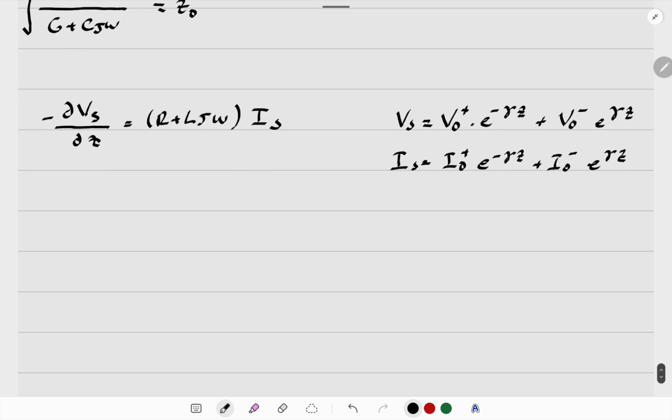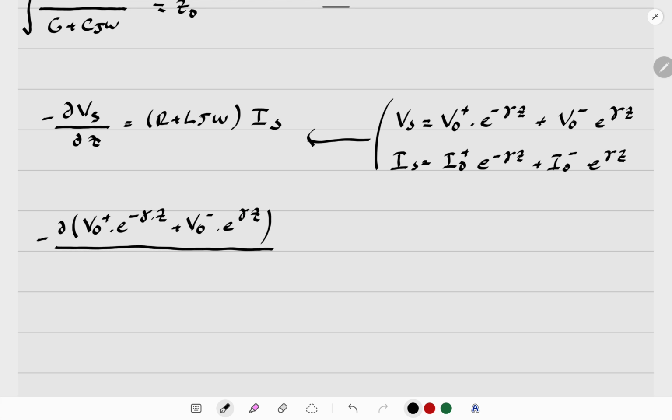If we fill this information into this equation, we're going to see del V0 plus e to the minus z plus V0 minus e to the z, and del z is in the denominator.